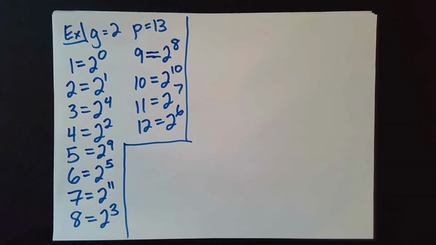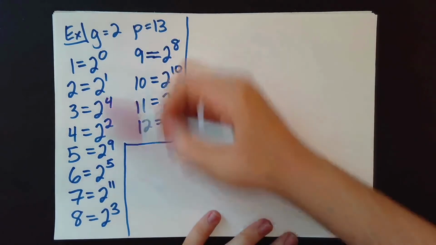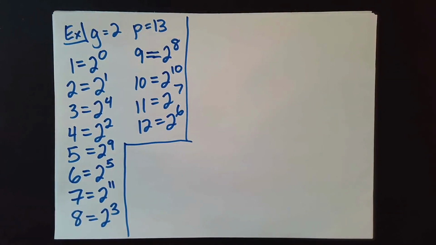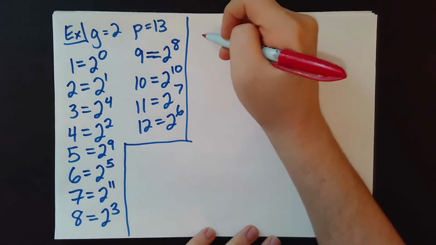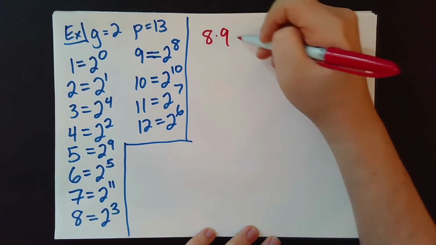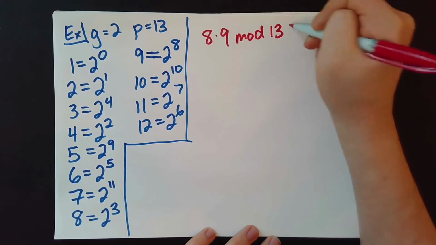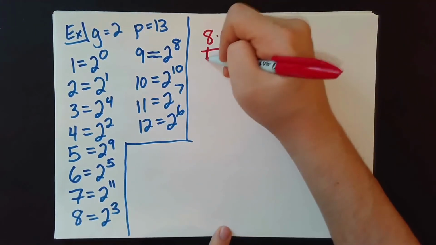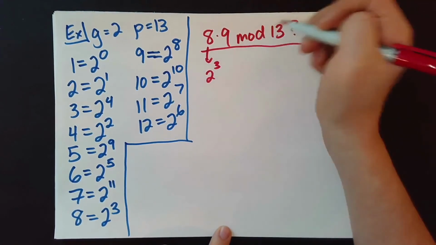Why is this handy? Well, if you have this chart in front of you, it makes a lot of calculations very easy. So for example, what is 8 times 9 mod 13? Well, I look and see that 8 is 2 cubed.